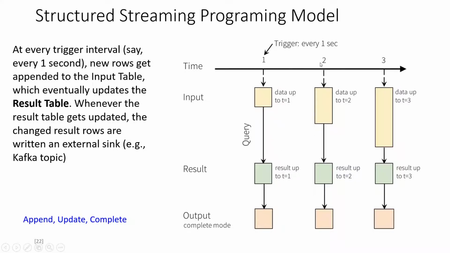Here at the second trigger interval, this will take data up to 2 seconds, so it will include all the data, then aggregate the result, then write those results. If it is complete mode, then write all the results in this table into the sink. Here, data up to 3 seconds.